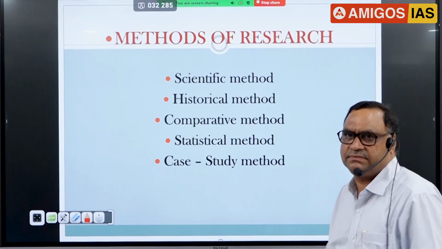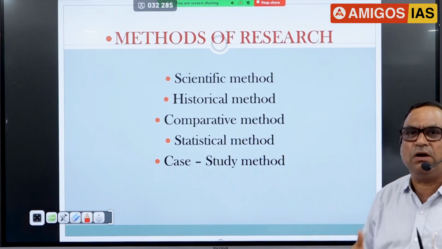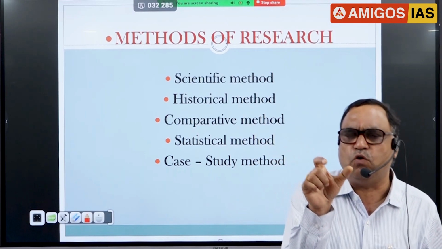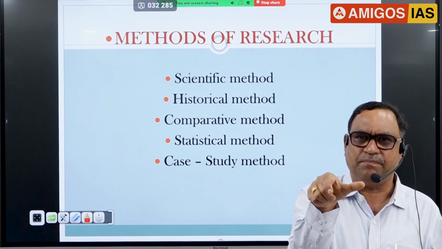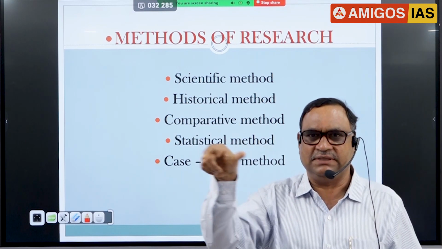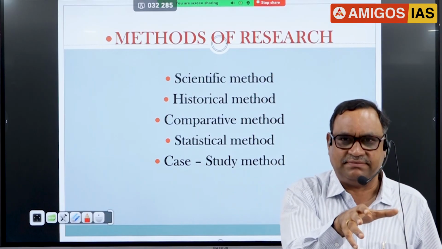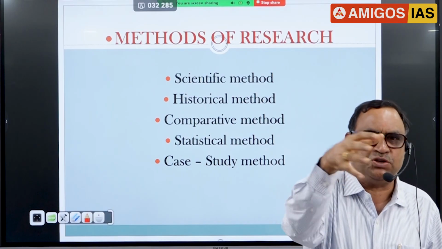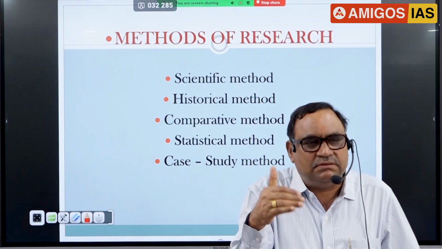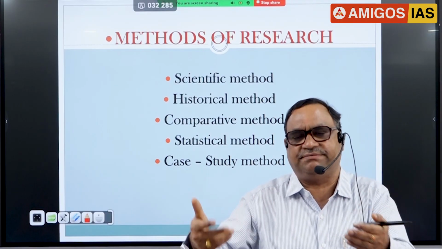Then methods. In fact, all these methods are used in sociological research. Sociology mainly focuses on research, analysis and policy making. These are the three components in sociology. First, research. Research on various issues, right? Then out of research, they come out with some innovative knowledge.